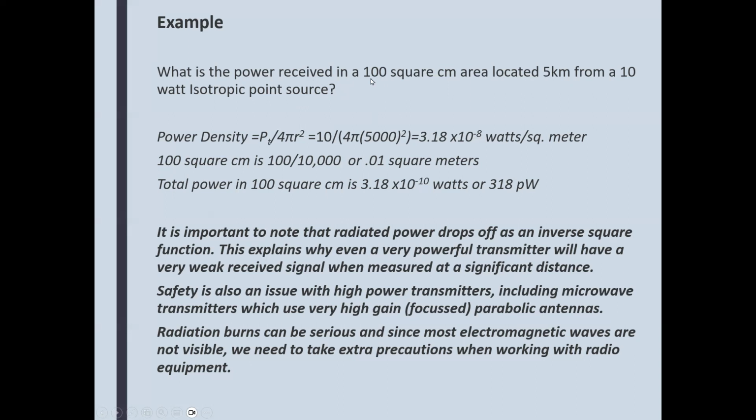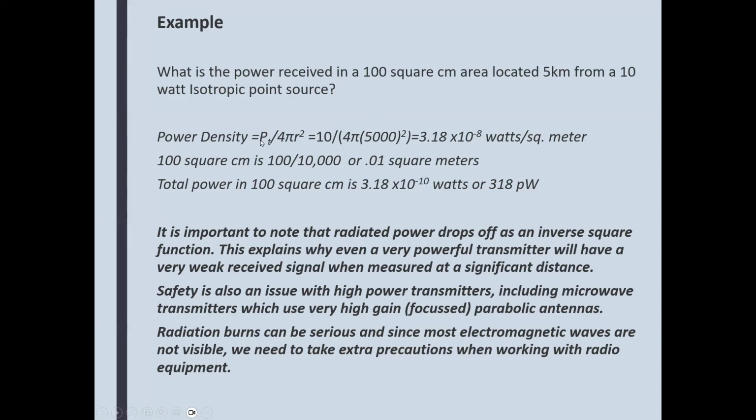So again, we have the distance from the antenna, 5 kilometers, and the antenna is transmitting the signal with 10 watts of power. All right, so what's the power at the 100 square centimeter area located 5 kilometers from that source?